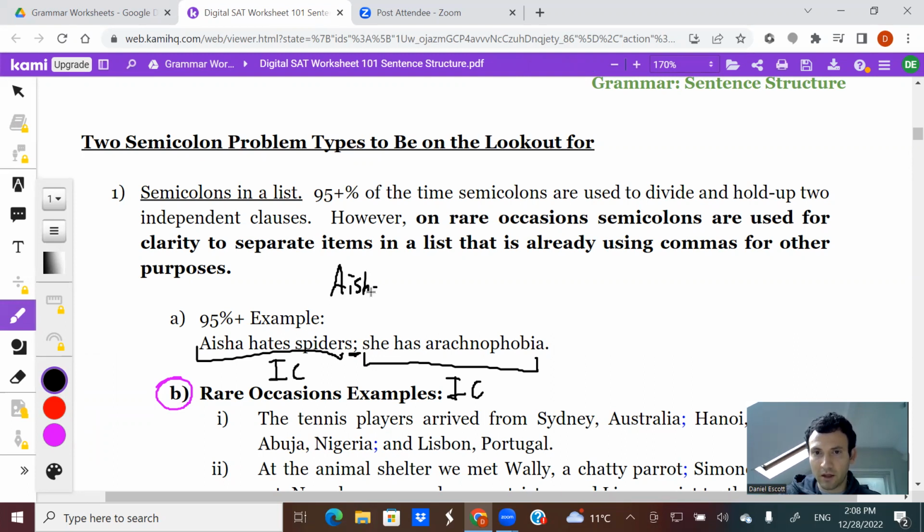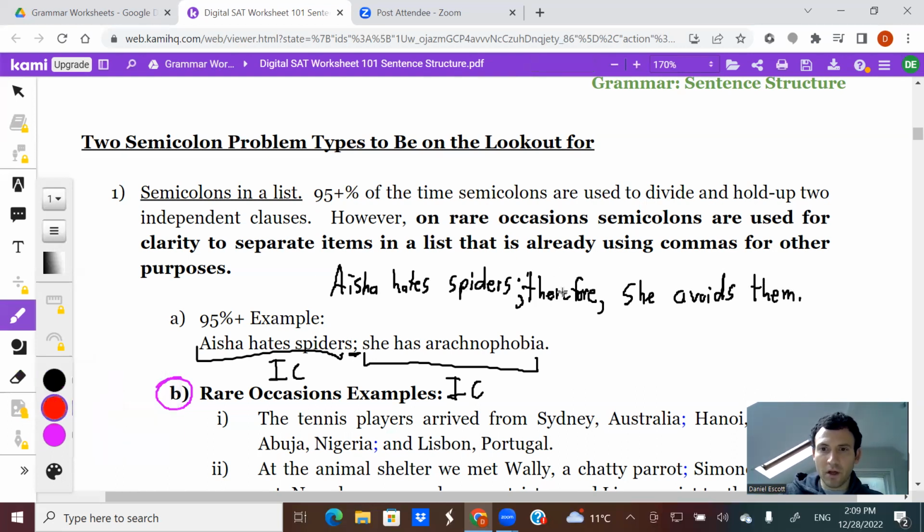Aisha hates spiders; therefore, she avoids them. Therefore is a type of coordinating word. It's called a conjunctive adverb. So we have 2 independent clauses: Aisha hates spiders. She avoids them.